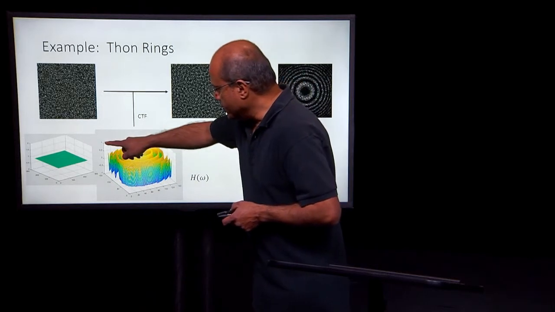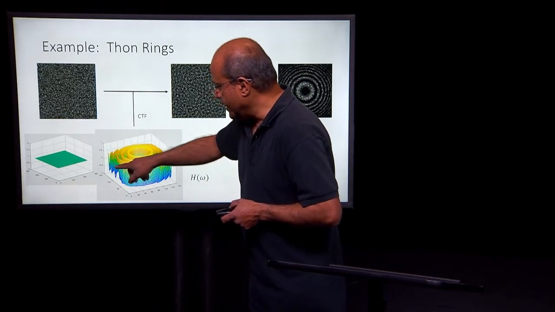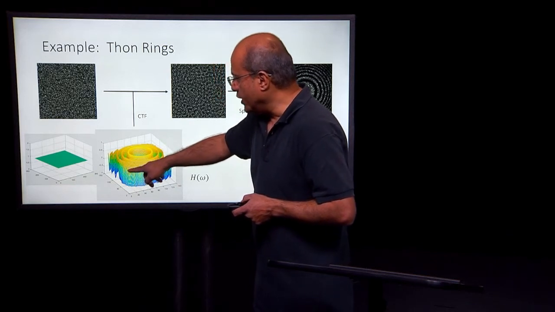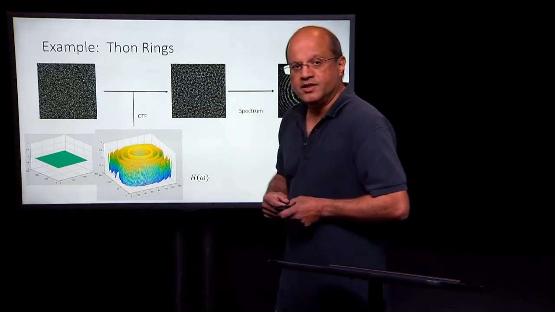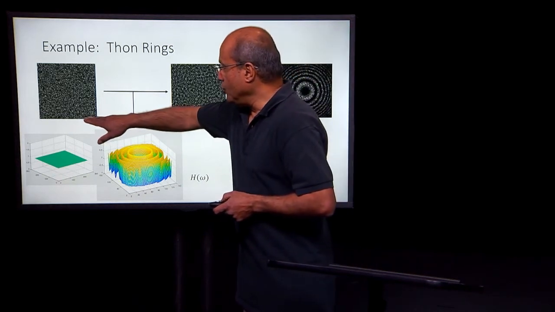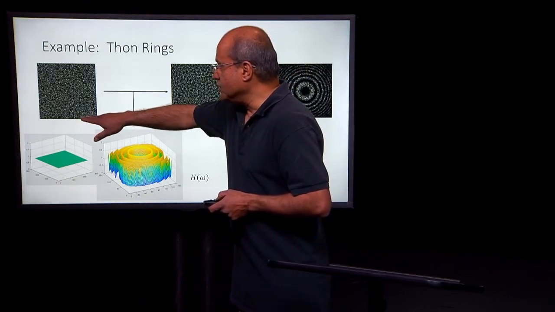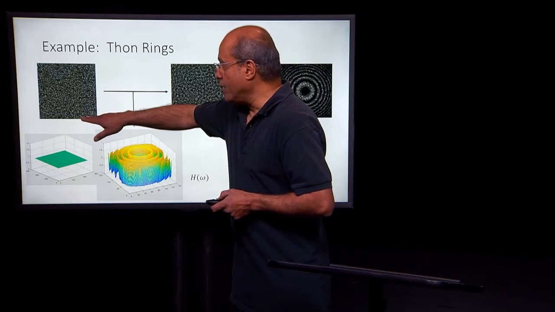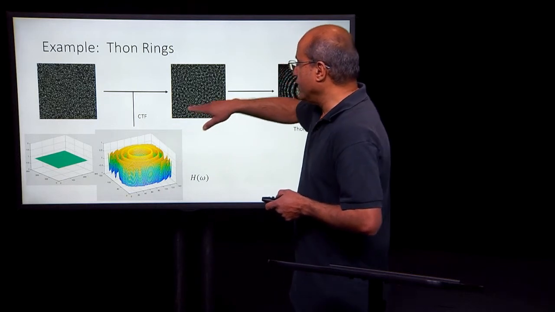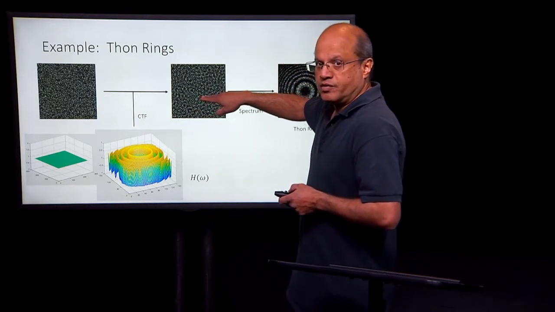I don't know if you can see the limits on the z-axis, but the contrast transfer function goes between +1 and -1, and it's radially symmetric. So you have an image which is samples from a random variable where the samples are uncorrelated. You convolve it with this filter, and here's the image you observed.